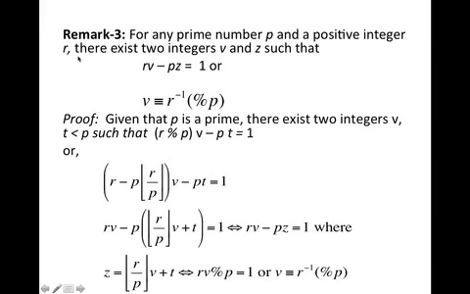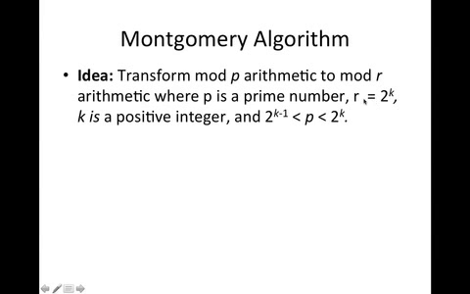It's any number that I pick. As long as p is a prime, this inverse relationship applies. That is, there is an inverse of r mod p. So this r equals 2 to the k is just one such instance of r. And for this r as well, there is an inverse mod p, and that we call v.